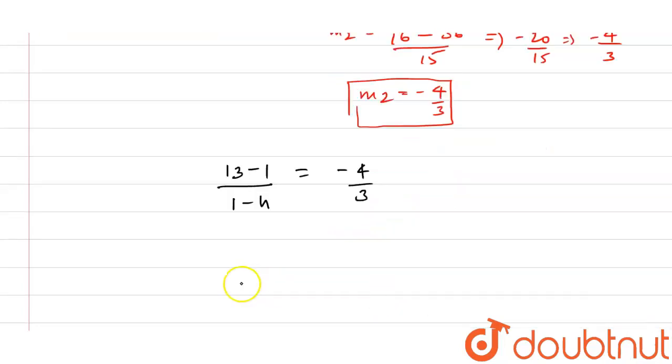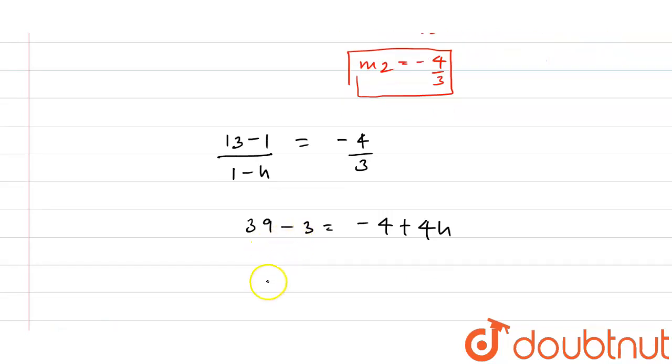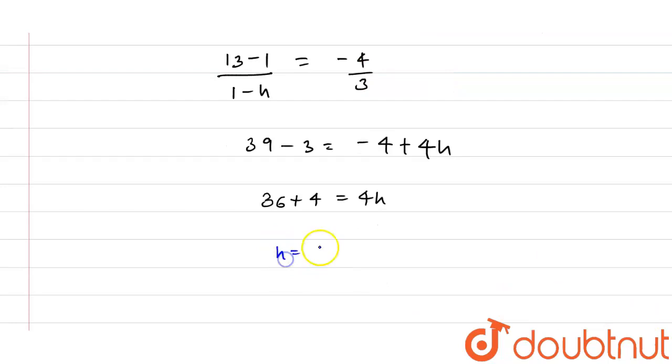So if we cross multiply, we get 39 minus 3 is equal to minus 4 plus 4h. So now 39 minus 3 is 36. 36 plus 4 is equal to 4h. So the value of h is equal to 40 by 4. So the value of h is equal to 10.